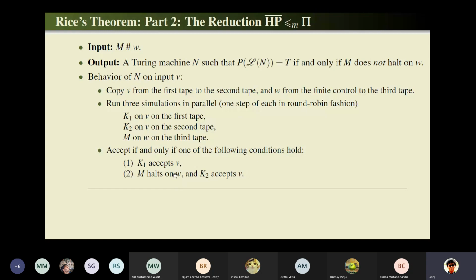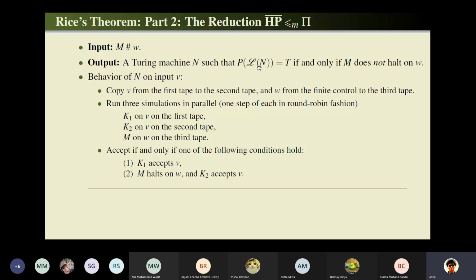So N accepts V if and only if K1 accepts V, that is, if condition 1 is true.